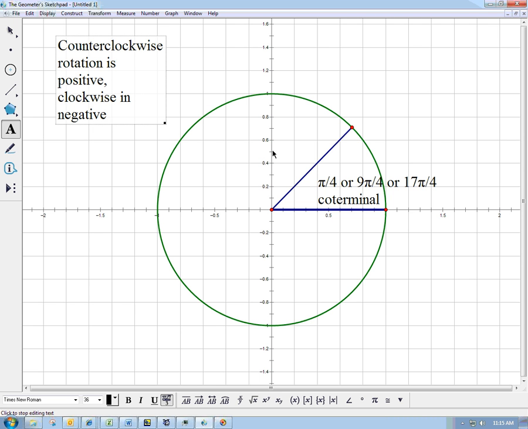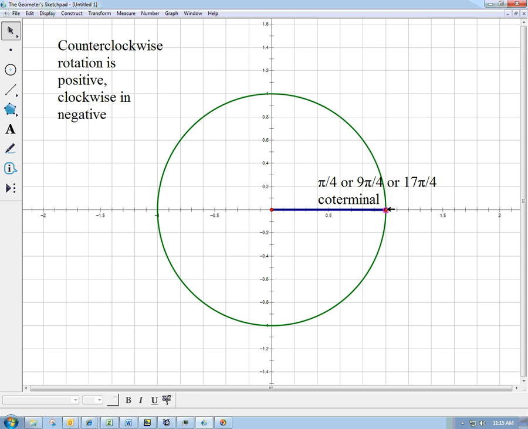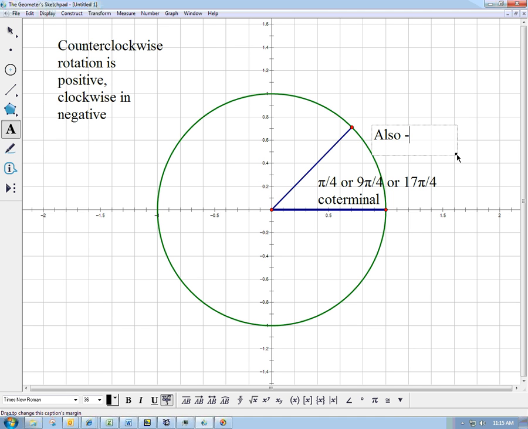Okay. And so is there a clockwise rotation, a negative rotation that could have ended up here? Yeah, we could have gone around almost all 360 minus 45 degrees. So this is going to be another thing we could add to the list. And so this could also be seen as minus 315 degrees.